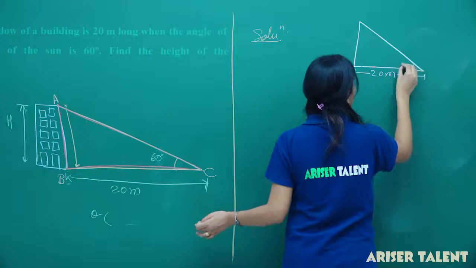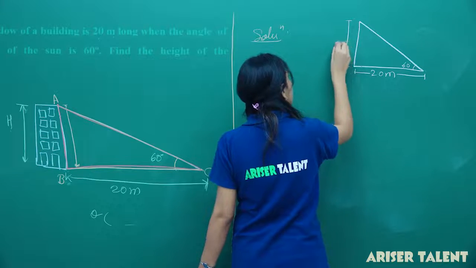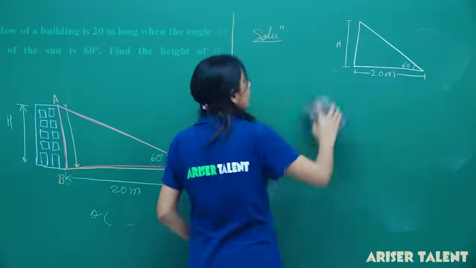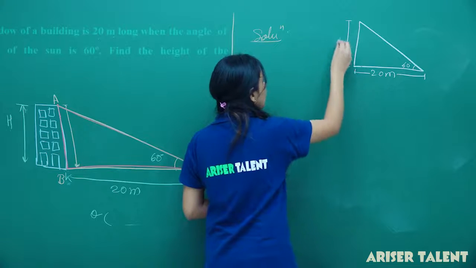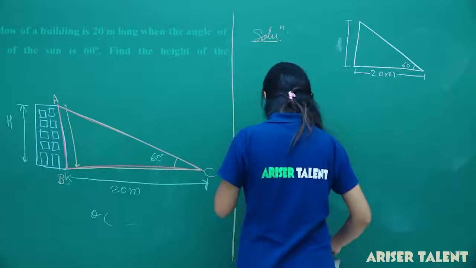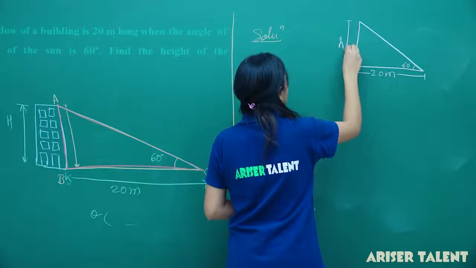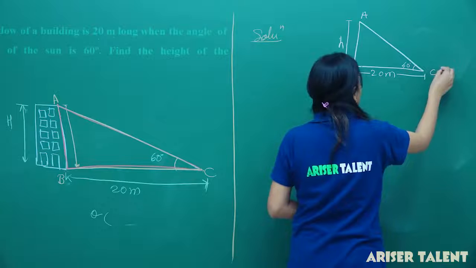That will be 60 degree, and that will be the height of the building. Let's suppose h, or mark it small h, otherwise you will be confusing it with hypotenuse. Okay. So now it's A, it's B and it's C.